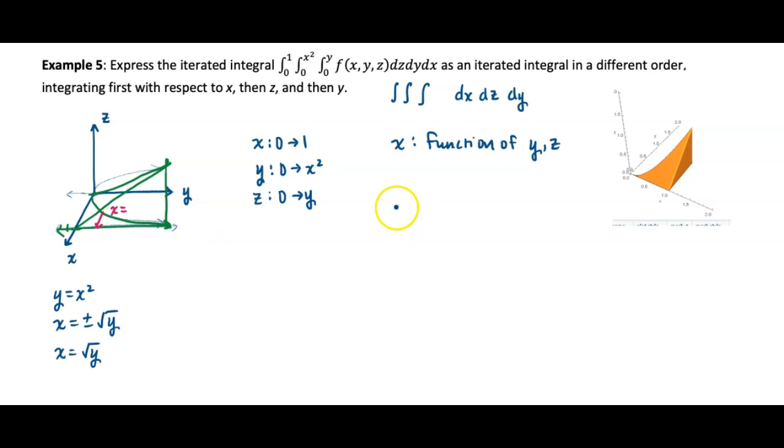And so I can say that my x values go from, remember I'm going from negative to positive, I'm moving forward along the x-axis, I'm going from the square root of y to x equals 1. So I've got my x.